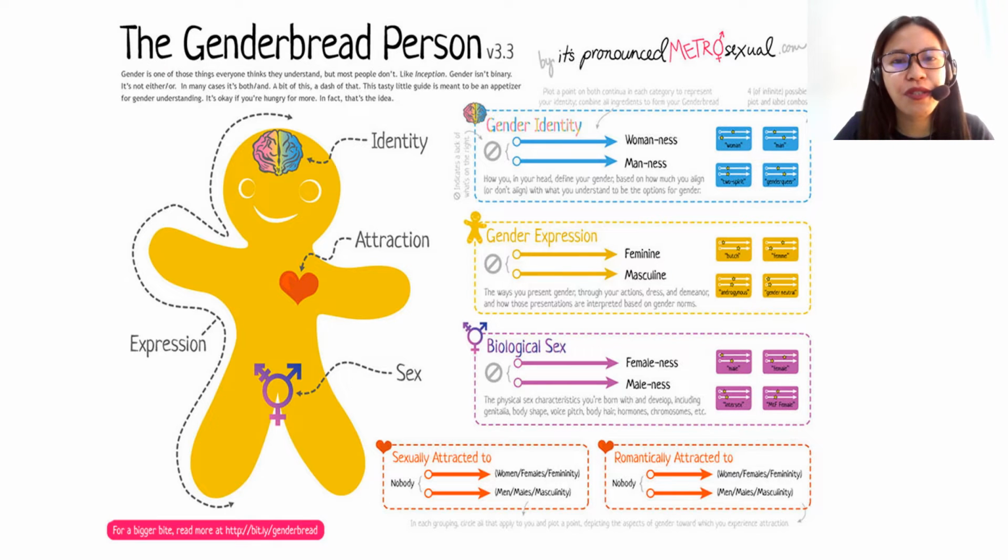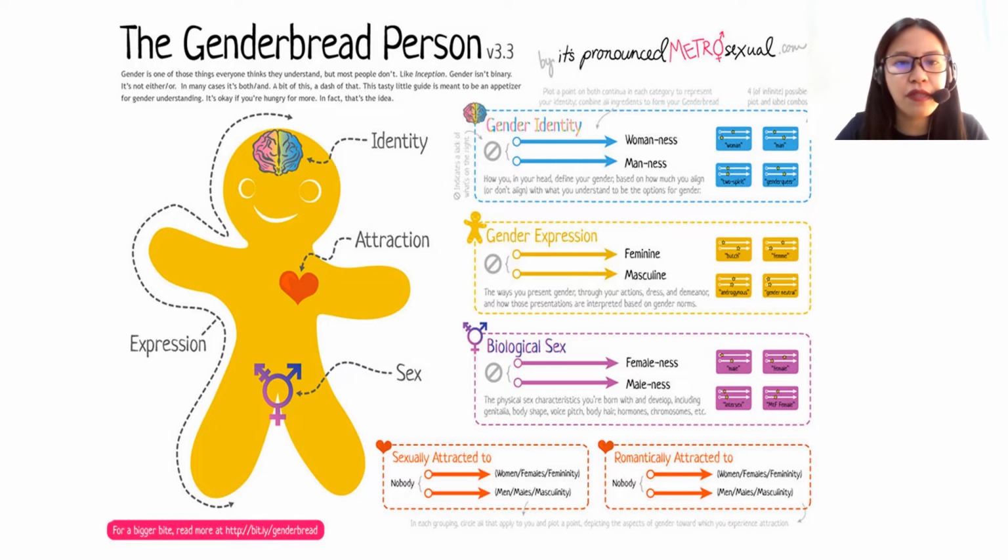Take a look at this gender bread. It is divided into identity, which is the brain part, and attraction, which is the heart part. Sex, of course, is the reproductive part: either you are male or you are female.